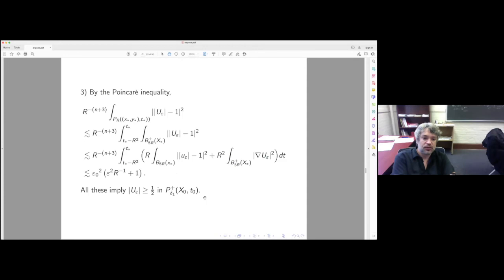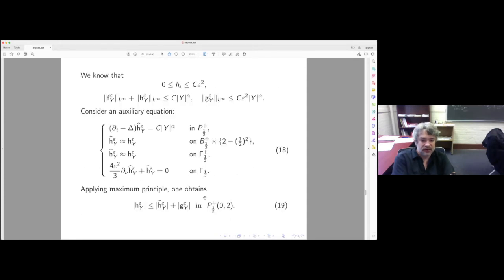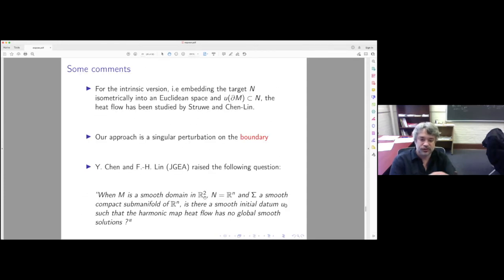Okay, so let me put a few comments about the previous result. First, I use some sort of extrinsic version in the sense that I put my N, my target, all the time to be a Euclidean space, okay? So that's why I have a harmonic function or caloric function inside.